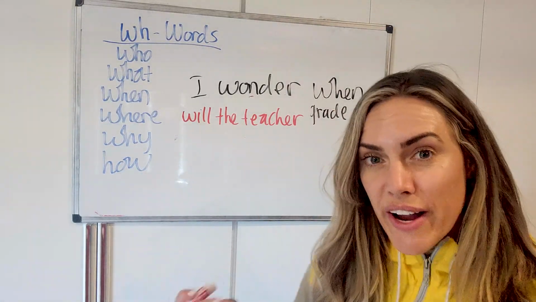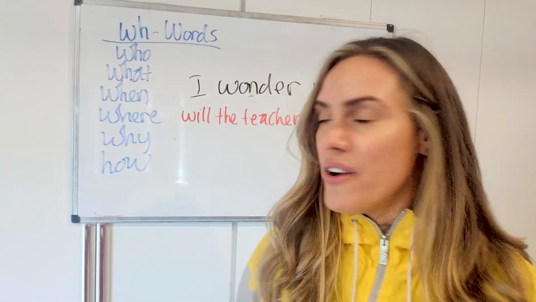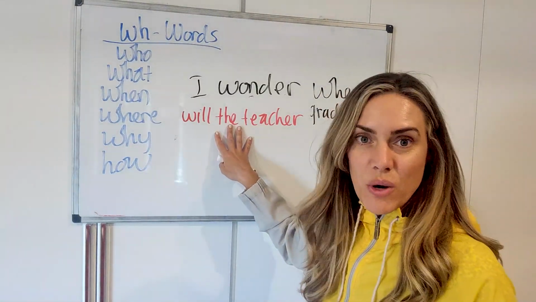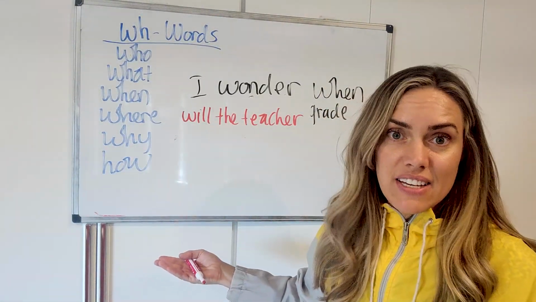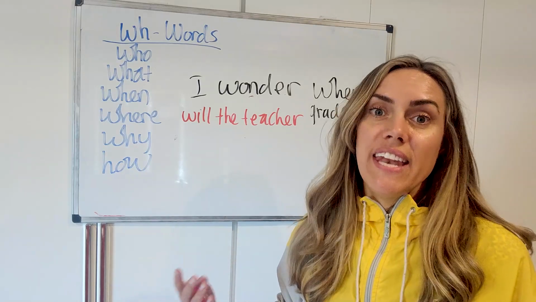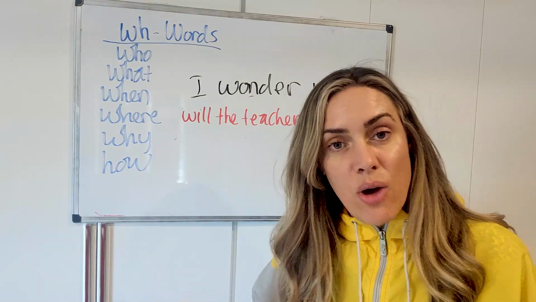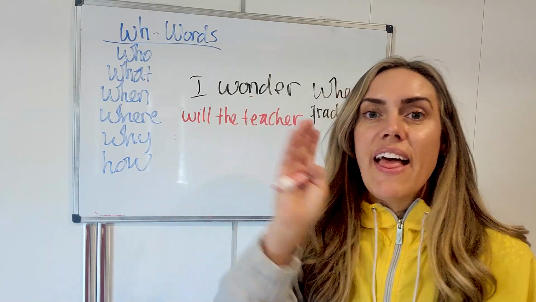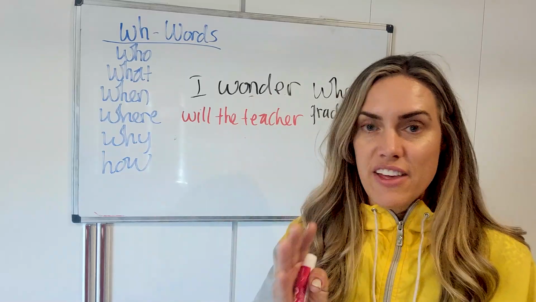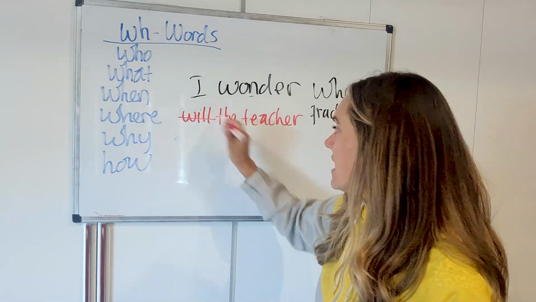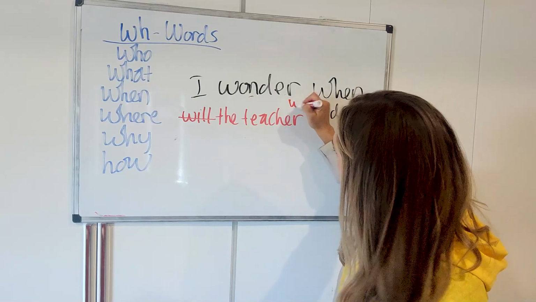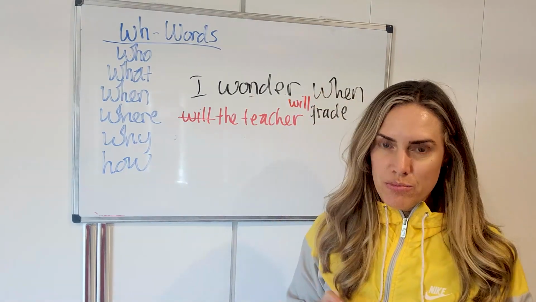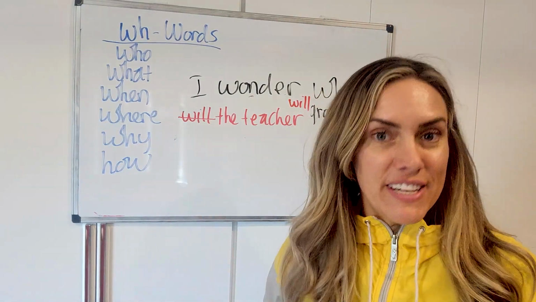And here's where you have the error, okay? Because this is not a question, it's a statement with a noun clause. And because it's a noun clause, you need subject and then verb. So take that verb and put it after the subject, always. I mean, it's an easy fix, right?